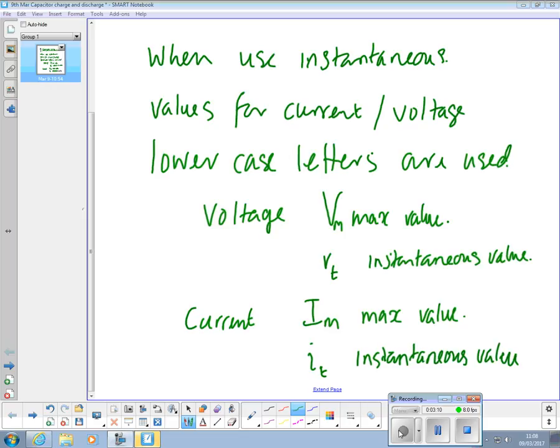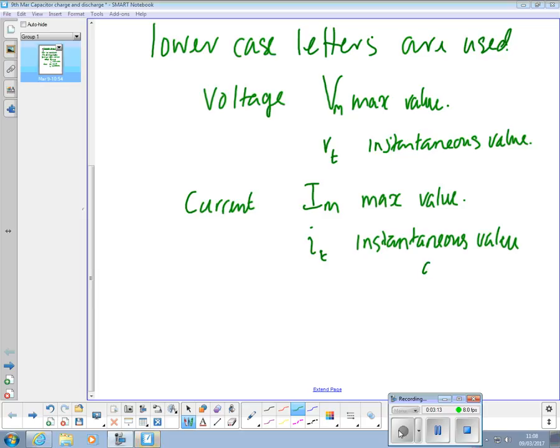I suppose really I should qualify these two at t seconds. So we'll eventually have formulas for the instantaneous current and the instantaneous voltage, both during charge and discharge, okay? And they will allow you to calculate what the voltage or current is at an instant in time, based upon starting at 0 seconds, okay? So this one should be at t seconds too.